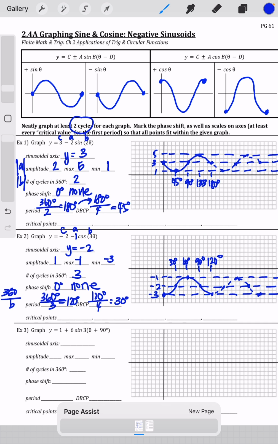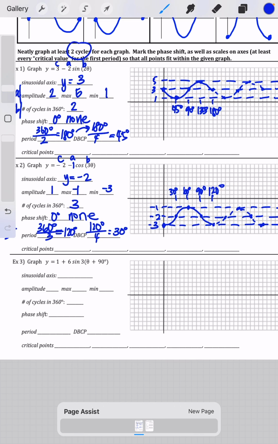So example 3, I just wanted to talk about how right now nothing changes except that this amplitude is 6, so this will be 7 because we're starting at 1 and adding 6, and starting at 1 and subtracting 6 will be -5. This one now has a phase shift, and our last lesson was on phase shifts where we had to factor out the B value.